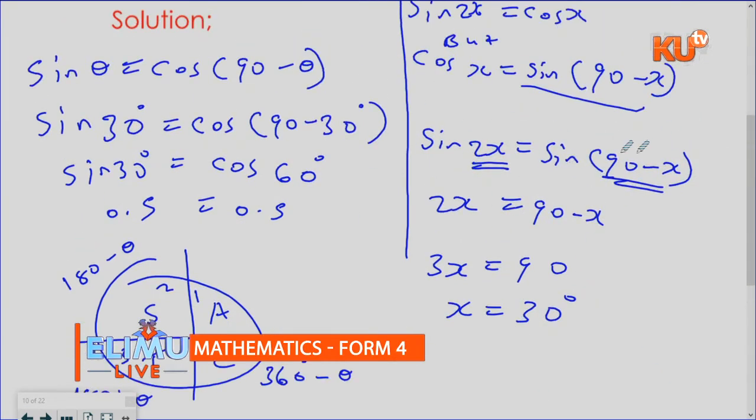Since we were dealing with the sign, you ask yourself, in which quadrant will you get signs of angles that are positive? You realize that you have the first quadrant, we have 30 degrees, and you also need to get another angle in the second quadrant. So you'll have 180 minus theta.